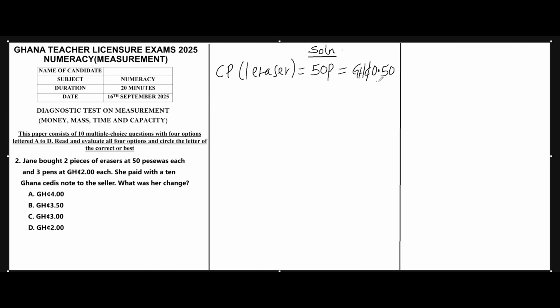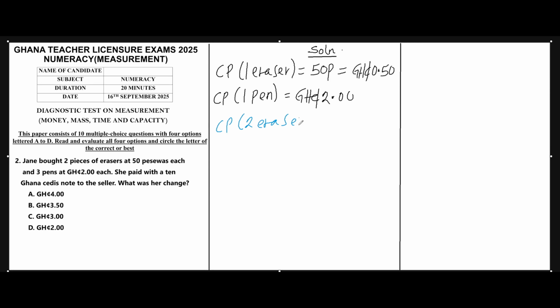We also know the cost price of 1 pen was given as 2 Ghana cedis. So the next thing we do is let's find the cost price of 2 erasers.